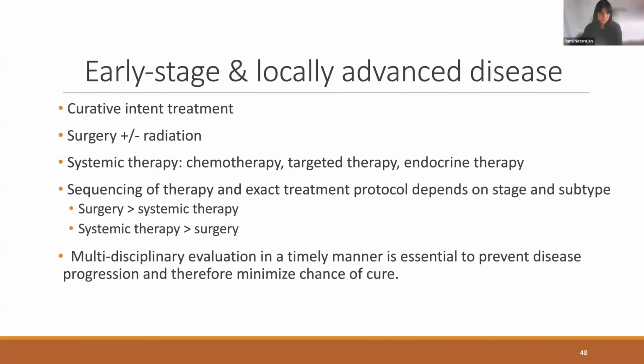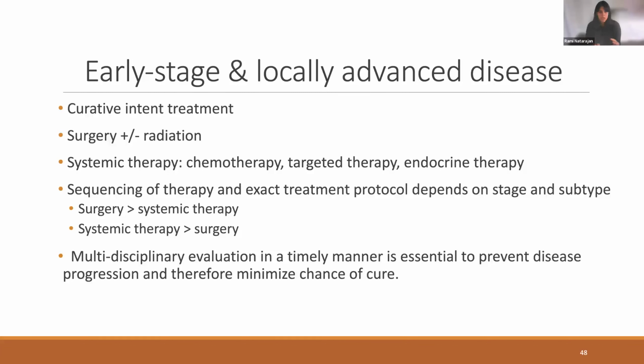So again, just to review, when we have patients who have early stage and locally advanced disease, the goal is to cure the patient. In terms of local therapy, this is often surgery plus or minus radiation, if feasible, and then systemic therapy, the agents that we talked about earlier in the first lecture.